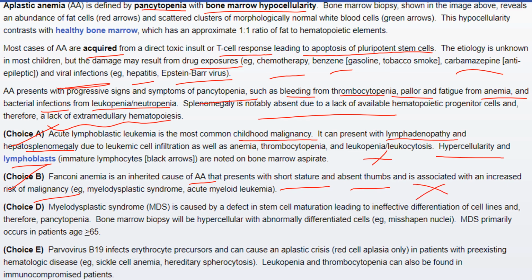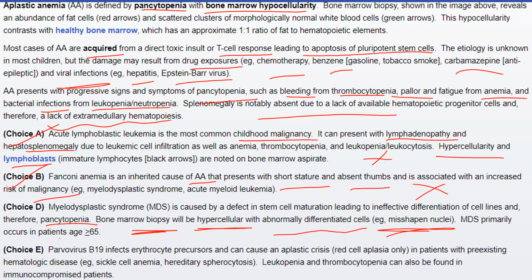In choice D, myelodysplastic syndrome is caused by a defect in stem cell maturation leading to ineffective differentiation of cell lines and therefore pancytopenia. But the bone marrow biopsy here will indicate hypercellularity with abnormally differentiated cells, that is misshapen nuclei.